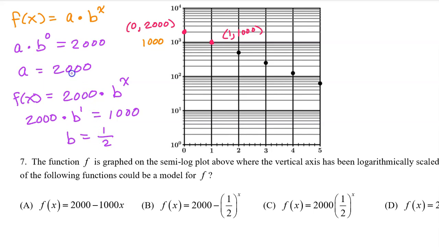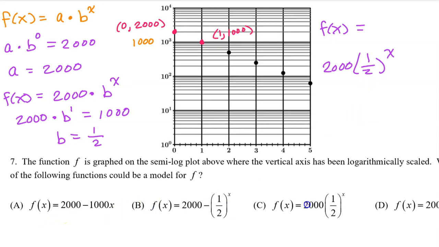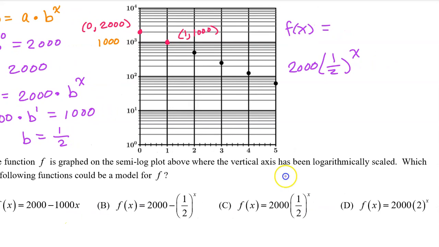So, putting the values of a and b back into the model, we get f of x is equal to 2000 times 1/2 to the x power. Scanning across the answer choices, we can tell that the answer is C.